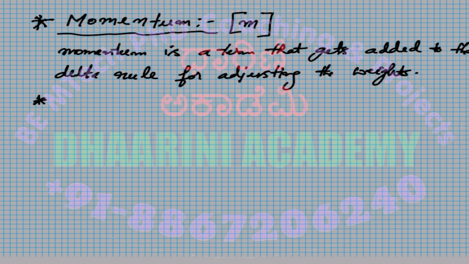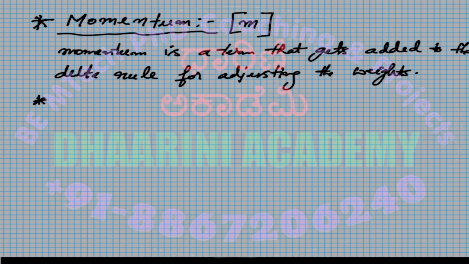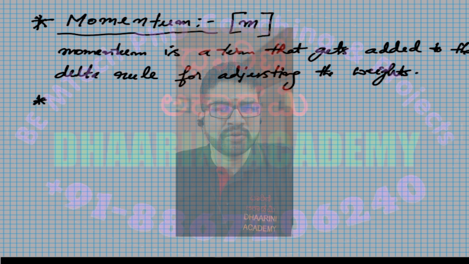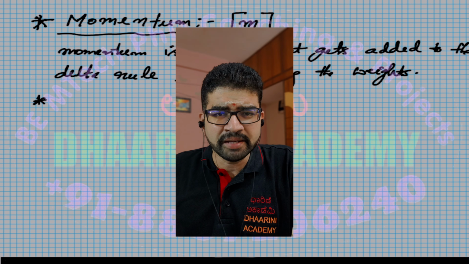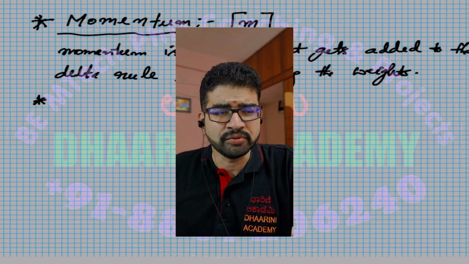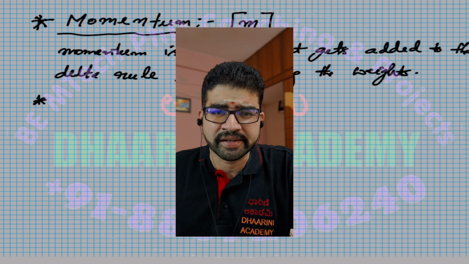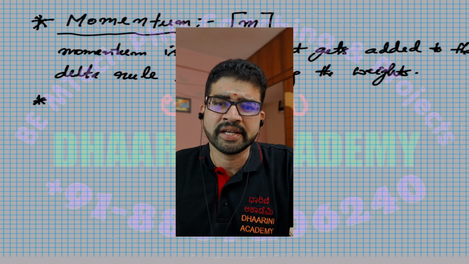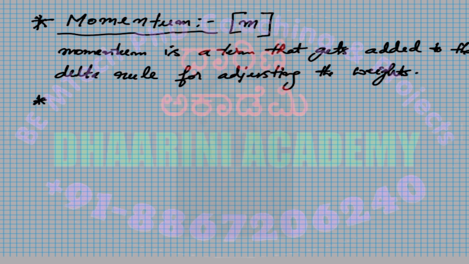The use of this momentum term is that it drives the weight adjustment to a certain direction to some extent rather than producing an immediate change. It's going to drive the weight update in a certain direction, maybe towards the positive direction, negative direction, and so on.